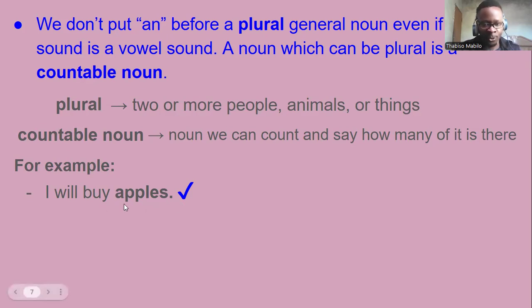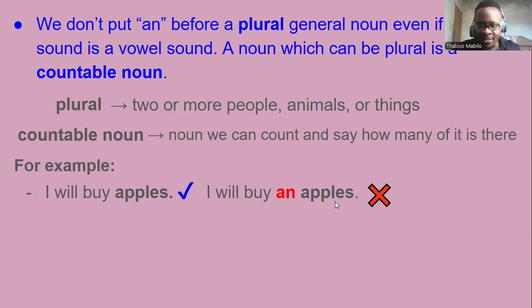So this sentence is correct. If I say, I will buy an apples, this is not correct, because this noun is plural. It's two or more. It was going to be correct if I was talking about one apple, like singular apple. But in this case, I'm talking about apples in plural, meaning two or more. So it's not correct.